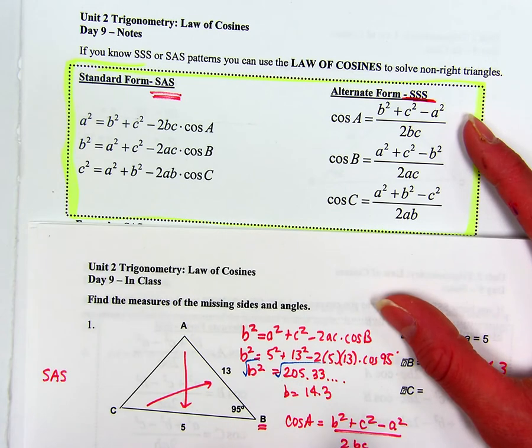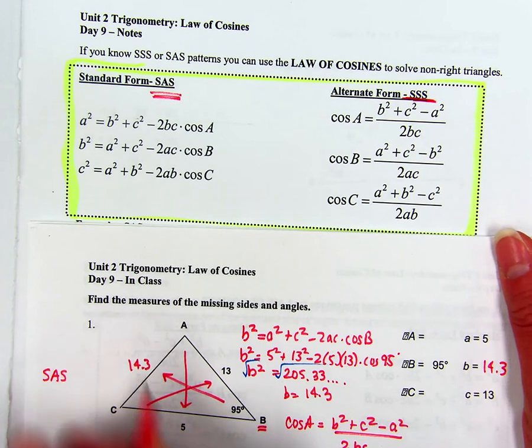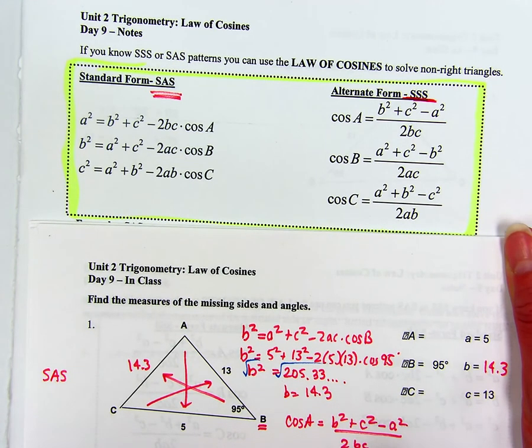All right, so let's fill in our numbers. b is 14.3. We just found that out. So 14.3 squared plus 13 squared minus 5 squared over 2 times 14.3 times 13.